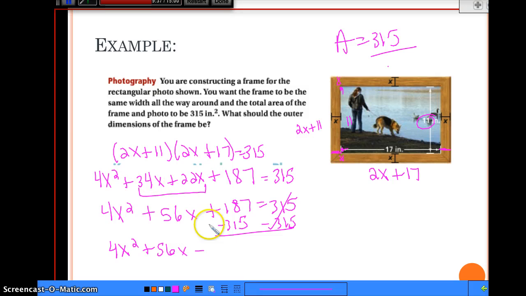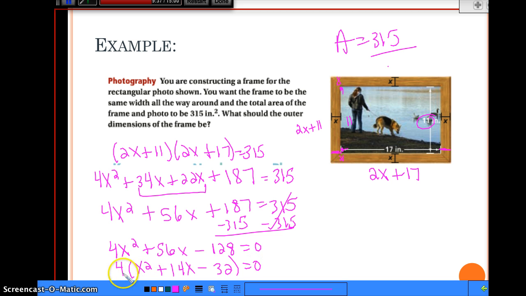That gives me negative 128 equals 0. Now, there is a GCF, I believe. 4, we can take a 4 out. 4 times x squared plus 14x minus 32 equals 0.